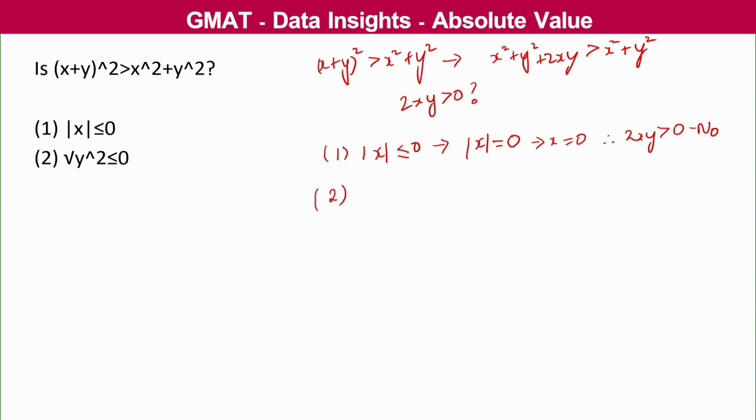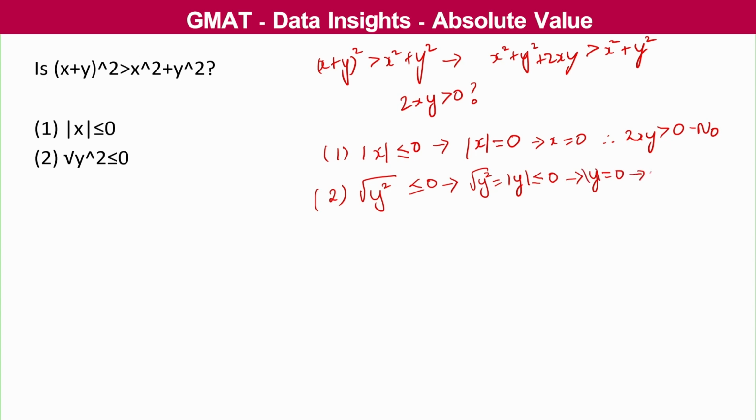And then the second statement says square root of y square is less than or equal to 0. It's the same as saying that the square root of any number y square is equal to its modulus value, that is mod of y. So it is equal to saying that modulus of y is less than or equal to 0. Modulus should be greater than or equal to 0, and the only way this is possible is when modulus of y is equal to 0.